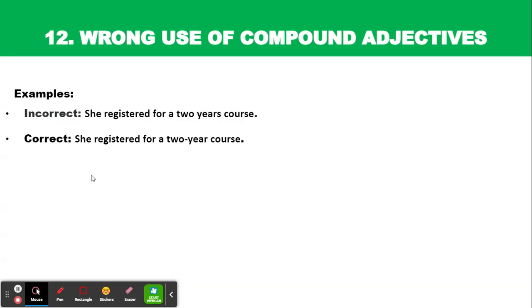So the correct thing is, she registered for a 2-year course. There is a hyphen and there is no S in year. Another example is a 3-man committee, not a 3-men committee. You can watch any of my videos on the rules for using compound adjectives. You will learn more about the various rules governing their use.